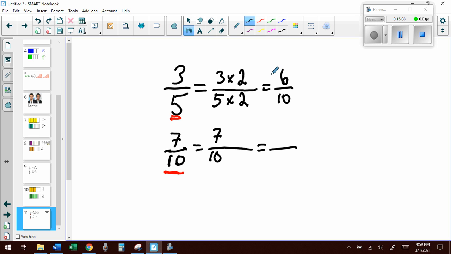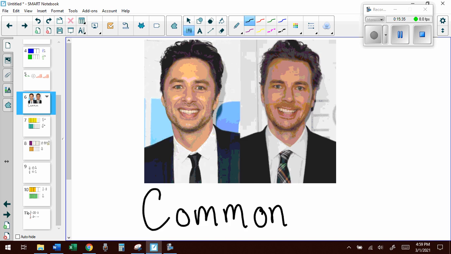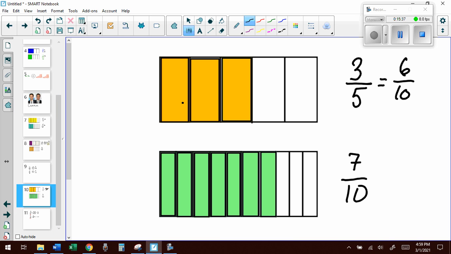A, because I can partition each fifth in half in a matter of seconds. And double bonus, I don't have to do anything to this bottom line. So let's check it out. 3/5 now is equivalent to 6/10. What do they have in common? They have common denominators, not numerators this time.